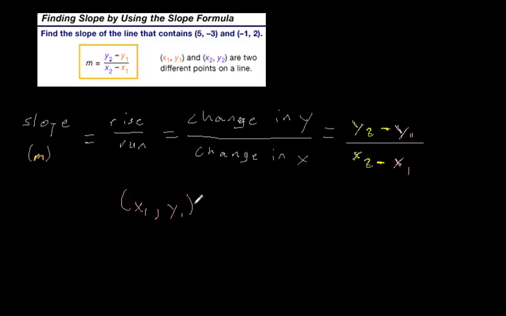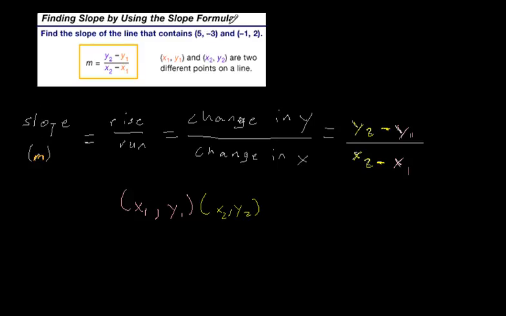I'm just trying to keep color-coded here. You want to keep this order and not mix them. Let me explain further. Sometimes people make the mistake and they actually switch these, and that's what you don't want to do.